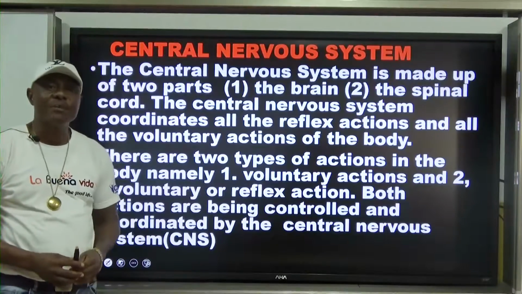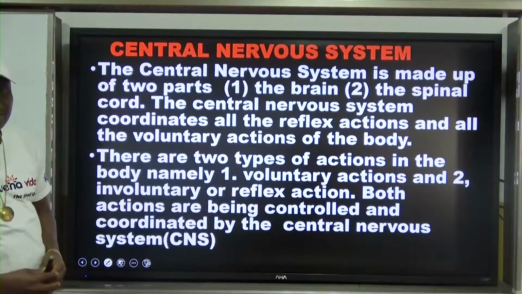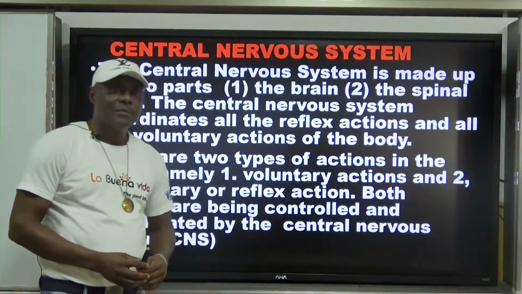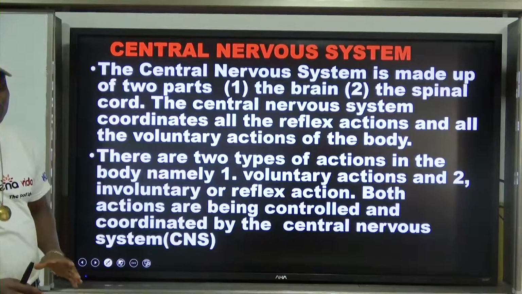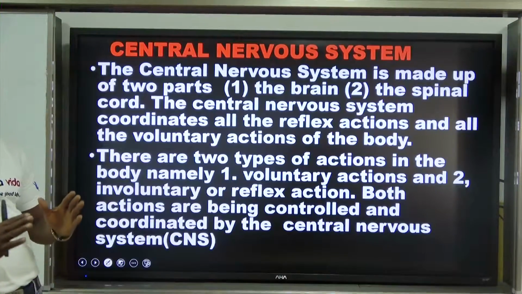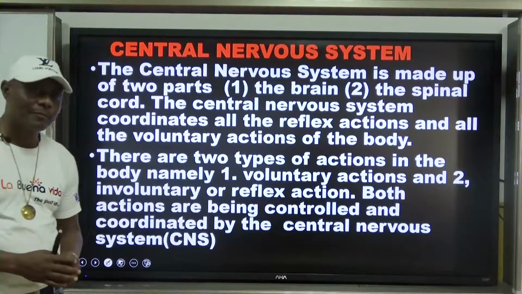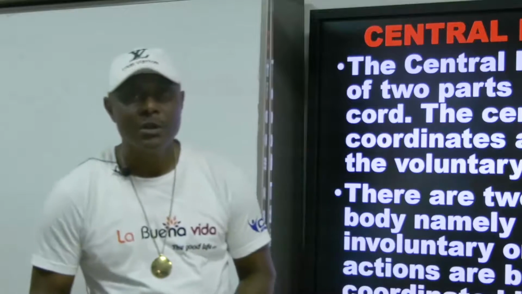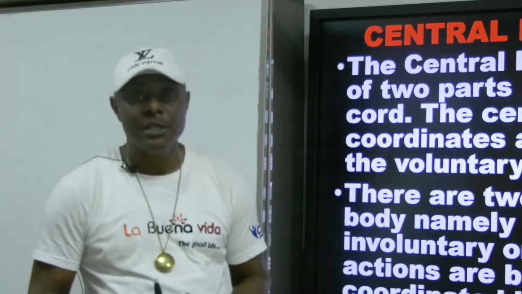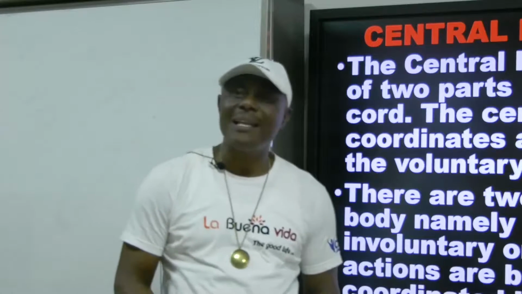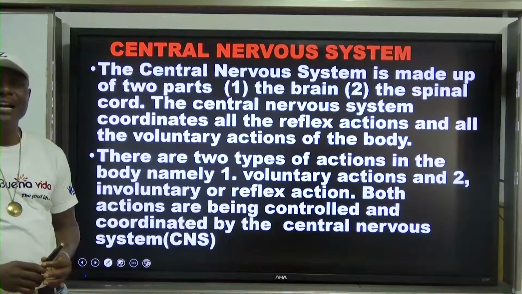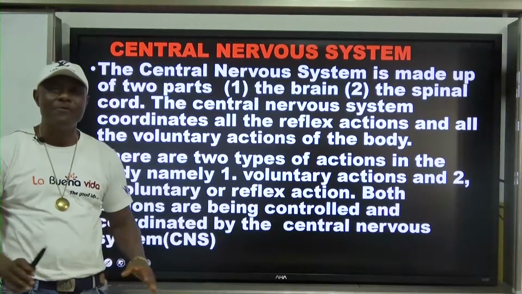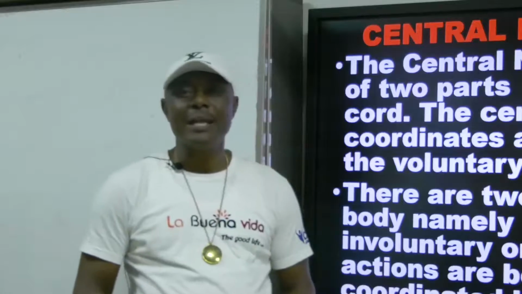The central nervous system is that system of the body that is responsible for the coordination of all the activities of the body. It involves all the reflex actions, the involuntary actions, as well as the voluntary actions. When we say reflex or involuntary actions, these are actions you don't bargain for. You don't call for them.